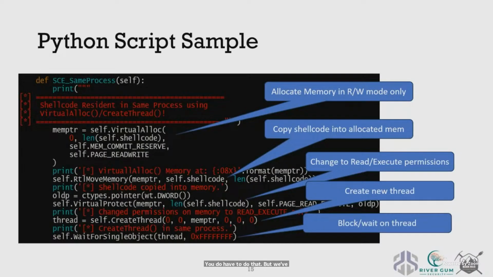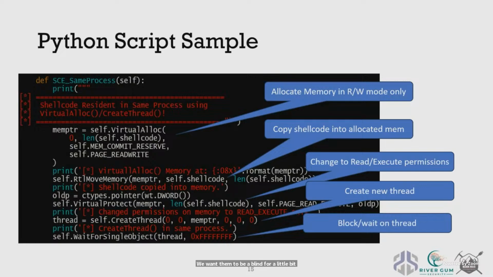So we're going to allocate some memory using the API called VirtualAlloc, and we're going to initially allocate that memory as PAGE_READWRITE, which means it's not executable. We're doing that deliberately because we don't want the defenses on that machine to see that we just allocated executable memory. We want them to be blind for a little bit longer.